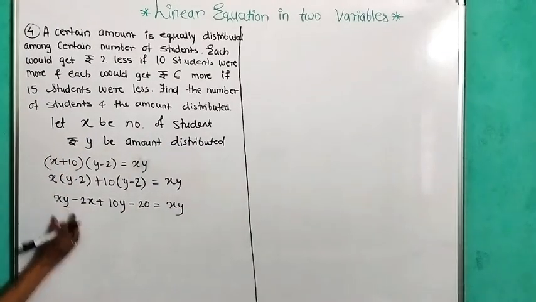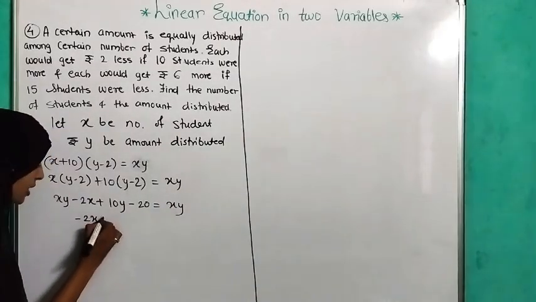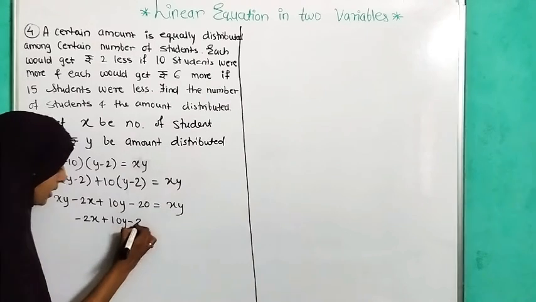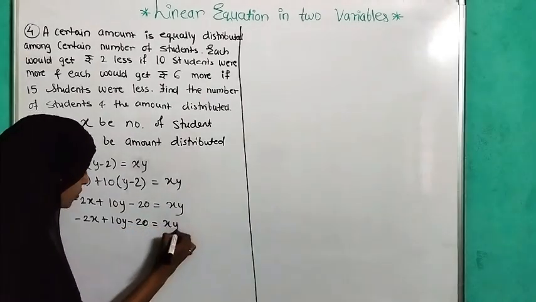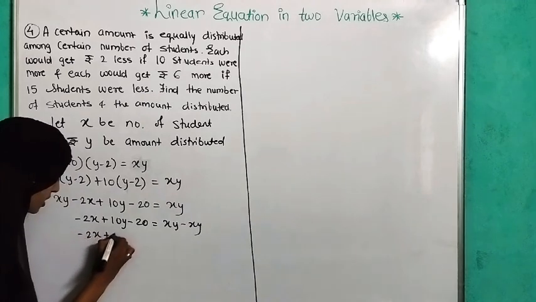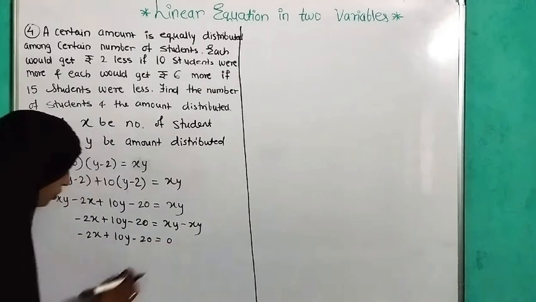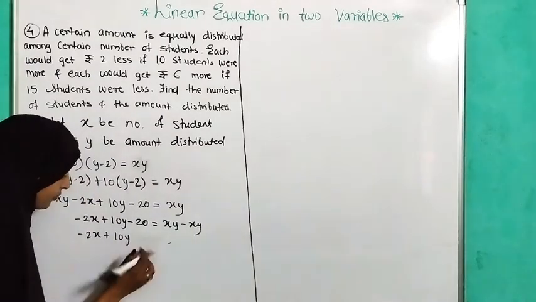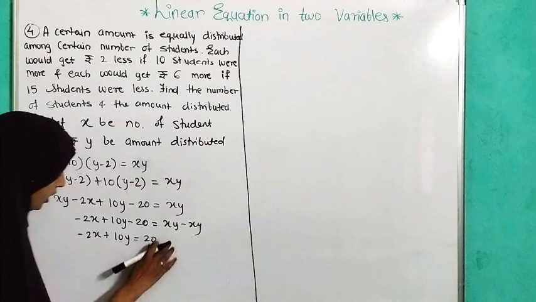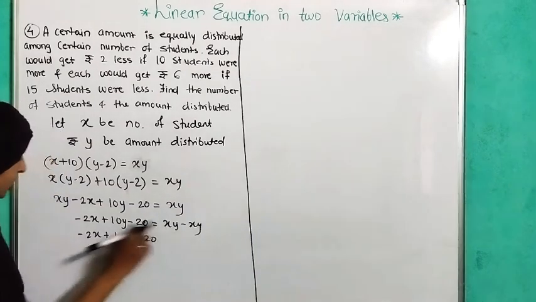This xy is positive here. If we are going to shift, it becomes negative. Minus 2x plus 10y minus 20 is equals to xy minus xy. Then minus 2x plus 10y minus 20 is equals to 0, or else we can write it is equals to positive 20, because minus 20 gets shifted there, becomes positive 20.